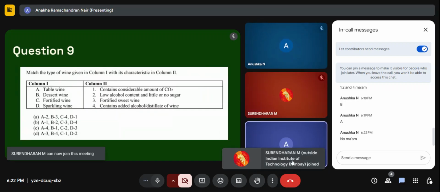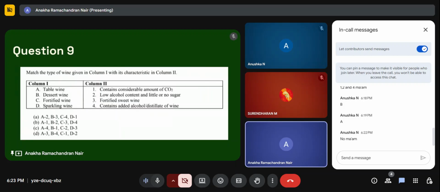And you have contains considerable amount of CO2, low alcohol content and little or no sugar. Fortified sweet wine contains added alcohol or distillate of wine. So you have to connect which wine and its characteristic to each other. So try guessing what the answer might be, or if you know the answer, just let me know.